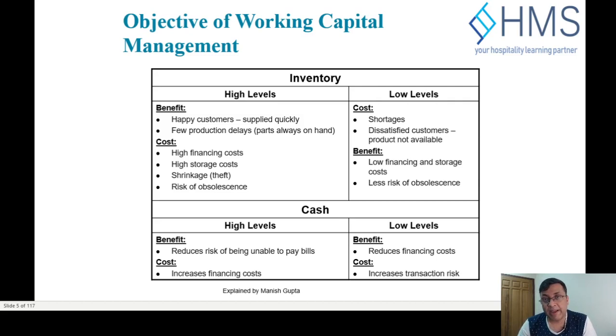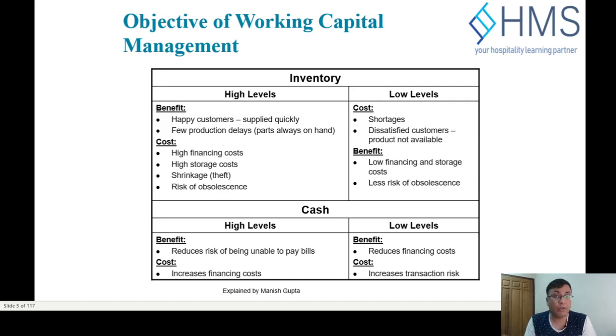A low level of cash, however, increases the insecurity level in the business, and also you may have to borrow in the short term because you don't have enough money or enough liquidity in the business. So it can increase the transaction risk, as every time you may have to borrow money, but it does reduce the financing cost if the company has taken a loan.